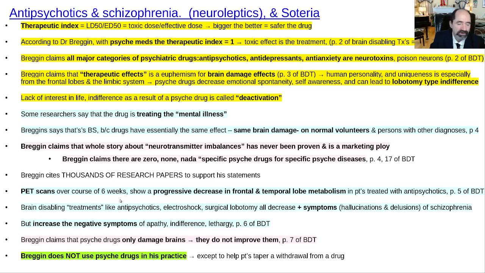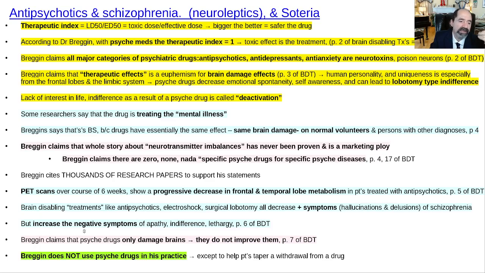PET scans over the course of 6 weeks show a progressive decrease in frontal and temporal lobe metabolism in patients treated with antipsychotics. That's bad, okay? When the brain's not metabolizing, that's like what you see with dementia, when part of a brain's not working. Again, he calls these brain-disabling treatments, and he says they're all like a lobotomy.